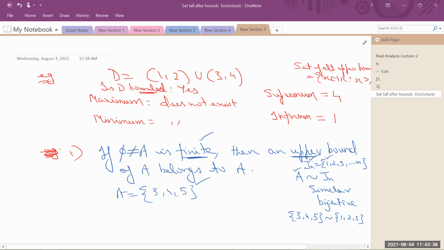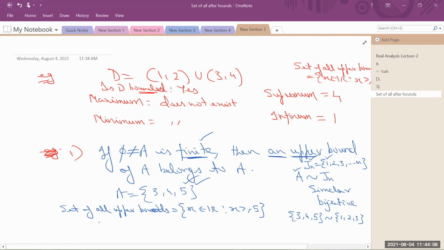Now can you tell me its upper bounds? List of all upper bounds of A. Set of all upper bounds here. X greater than or equal to 5. Very good. Set of all upper bounds is X belonging to R such that X is greater than or equal to 5. Okay, then claim is that an upper bound means there exists at least one upper bound which is always from the set.